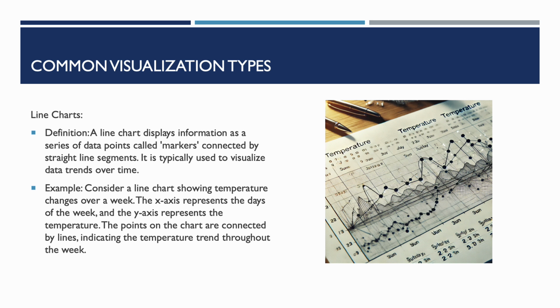The x-axis represents the days of the week and the y-axis represents the temperature. The points on the chart are connected by lines indicating the temperature trend throughout the week. So if you see here, we have a picture of the example.